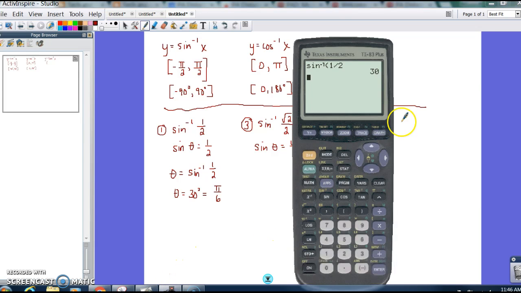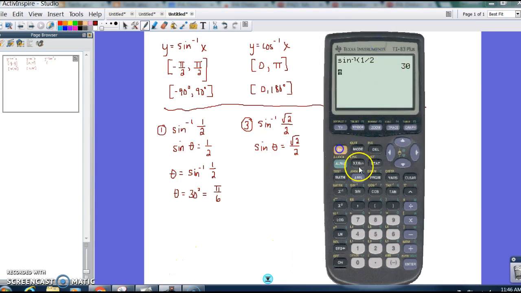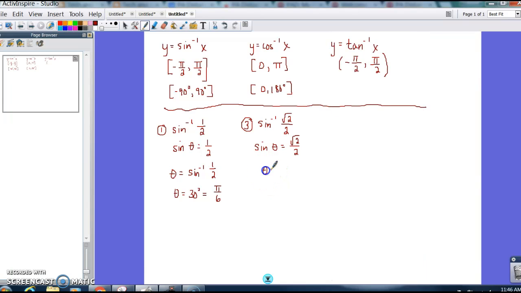But you can do that in your calculator, and you could say second sine, and you can say root 2 divided by 2. And it'll tell you that that answer is 45 degrees. So we get theta is 45 degrees, which in radians is pi over 4 radians.